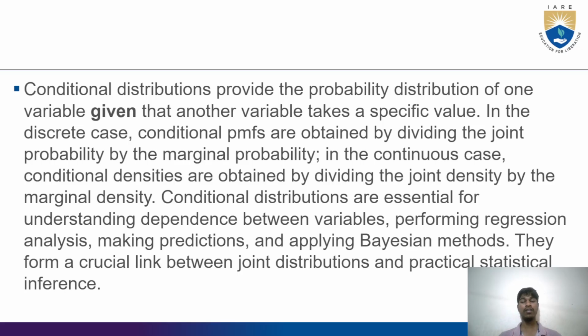In the continuous case, conditional densities are obtained by dividing the joint density by the marginal density. Conditional distributions are essential for understanding dependence between variables, performing regression analysis, making predictions, and applying Bayesian methods. They form a crucial link between joint distribution and practical statistical inference.